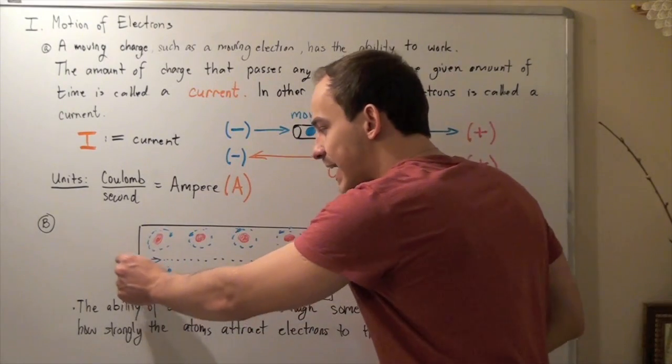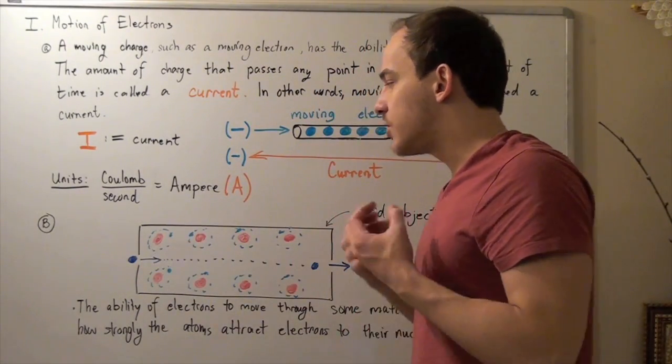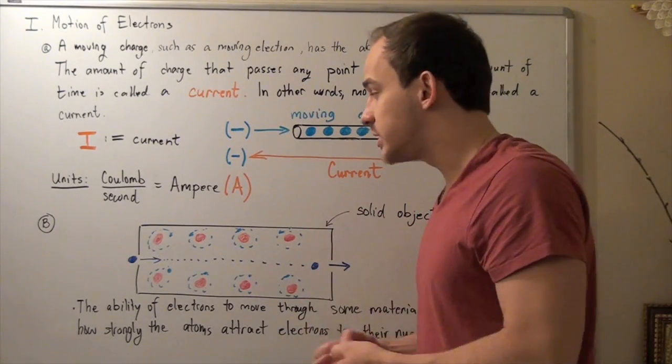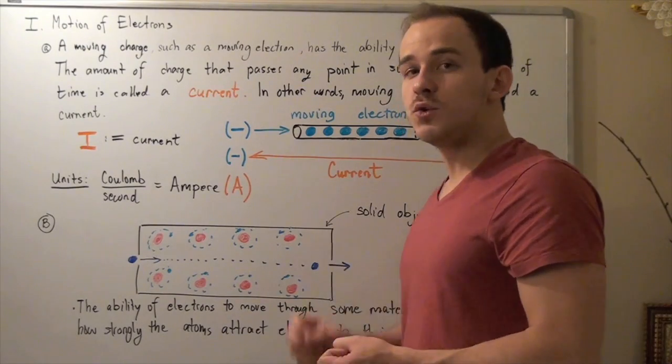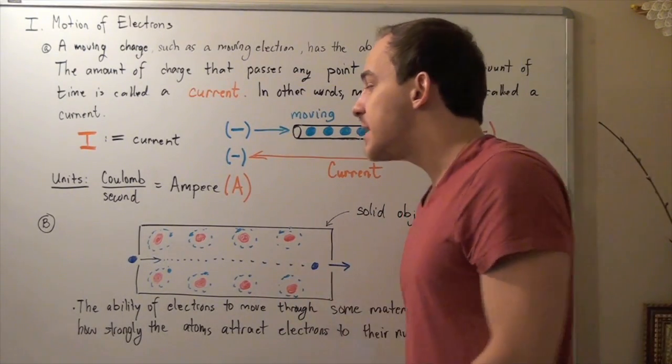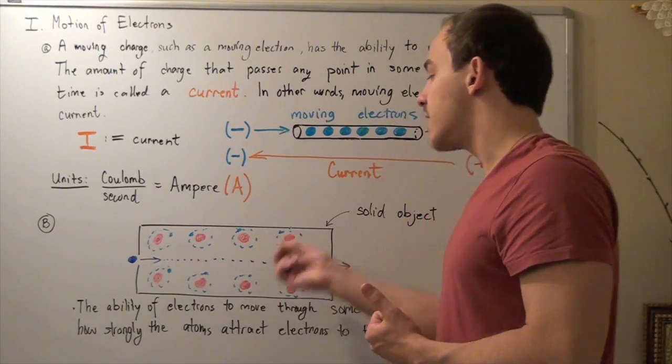In fact, when it enters, it's going to be pulled by those nuclei, by those atoms, by those protons, because if those atoms have a high effective nuclear charge, in other words, they pull those electrons strongly, then my electron will not be able to pass easily.